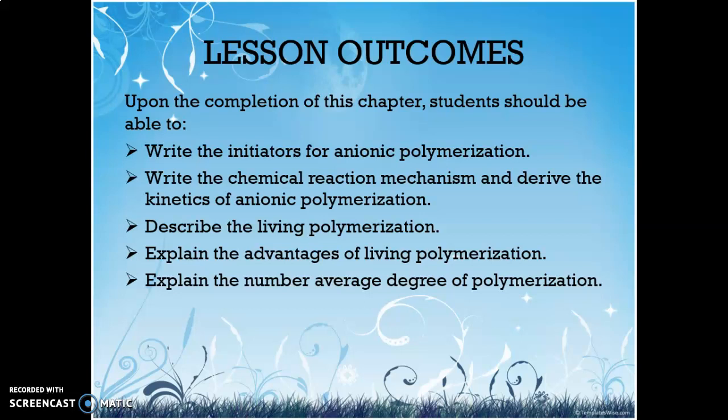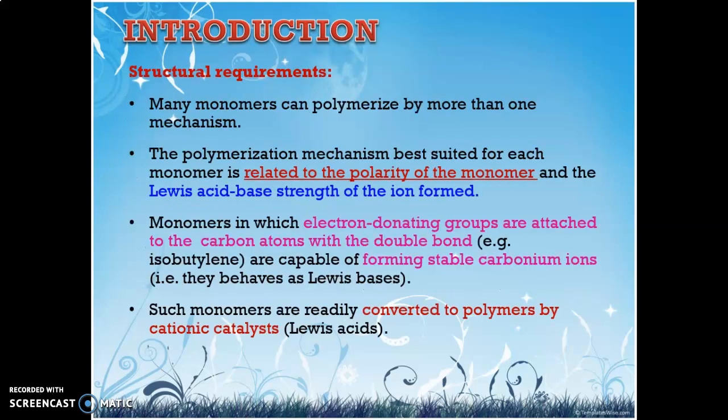So in the previous lesson, we covered the mechanism and the initiator in the free radical. So in this subchapter, we will cover the mechanism of ionic polymerization. So, for the introduction, structural requirement in an ionic polymerization, many monomers can polymerize by more than one mechanism.